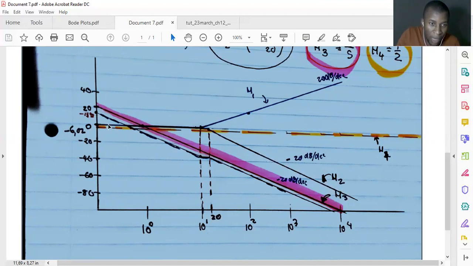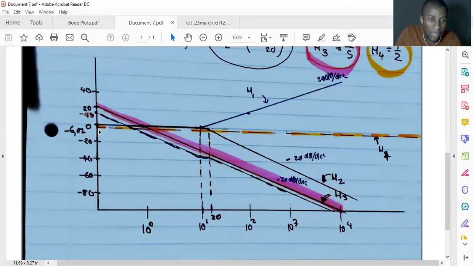It has no impact. We have this transfer function of H3, and it's running at slope negative 20 decibels per decade, and it passes at 20. So now we're going to start here and add. So literally what you're doing is adding at every point all the subtransfer functions.